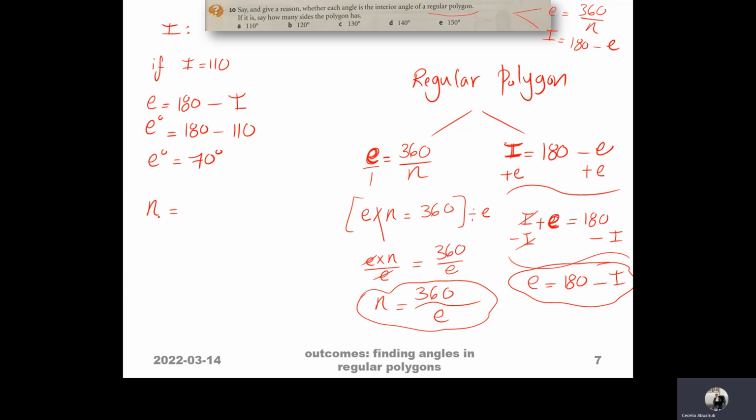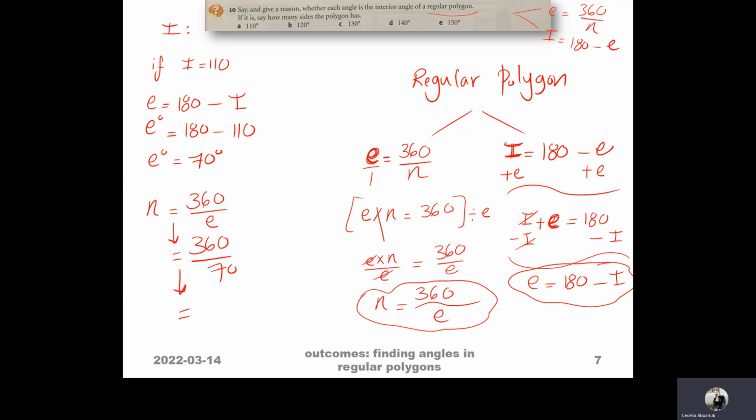So here I'm finding N, so I'm going to use this formula as 360 over E. And we found E as 70, so it will be 360 divided by 70.